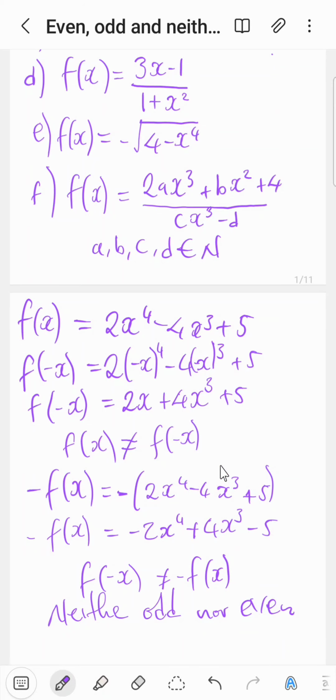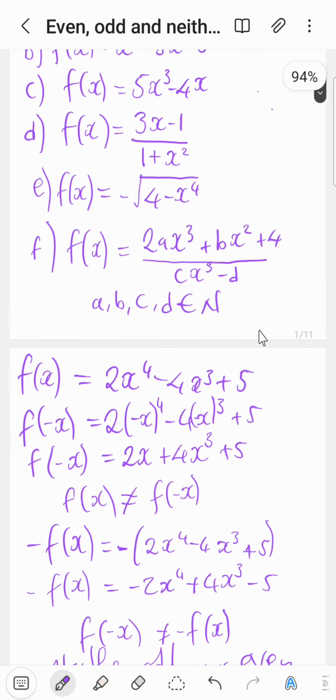Another simple method, you can tell just by looking at it, especially with these polynomial functions: this is an even power and this is an odd power. If it has mixed even and odd powers, then the function is neither. But that's just for your own help.